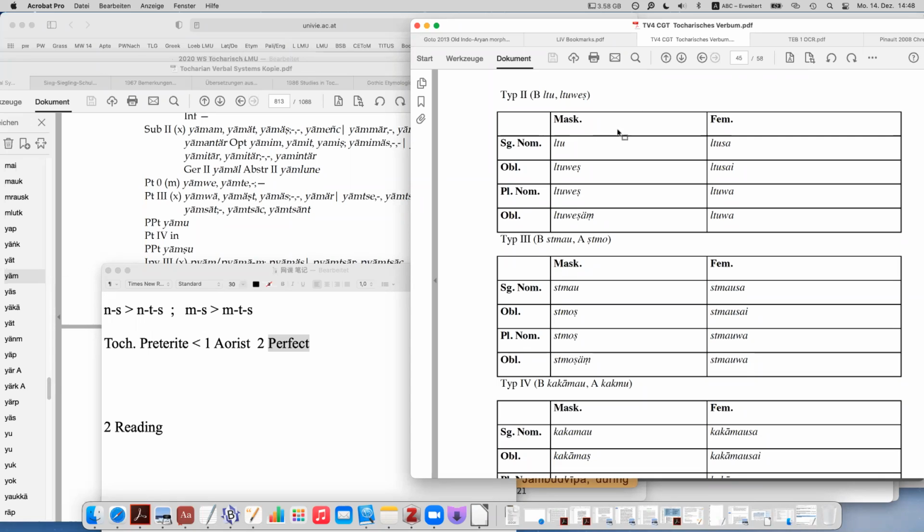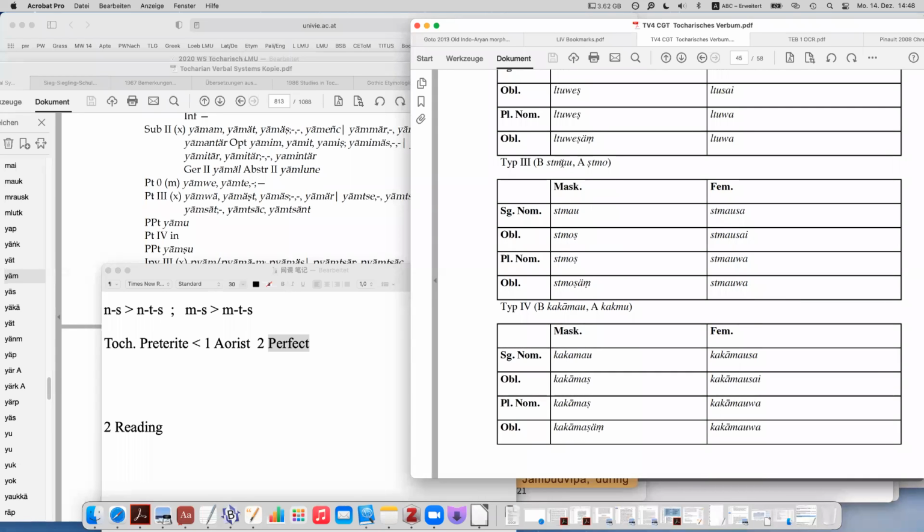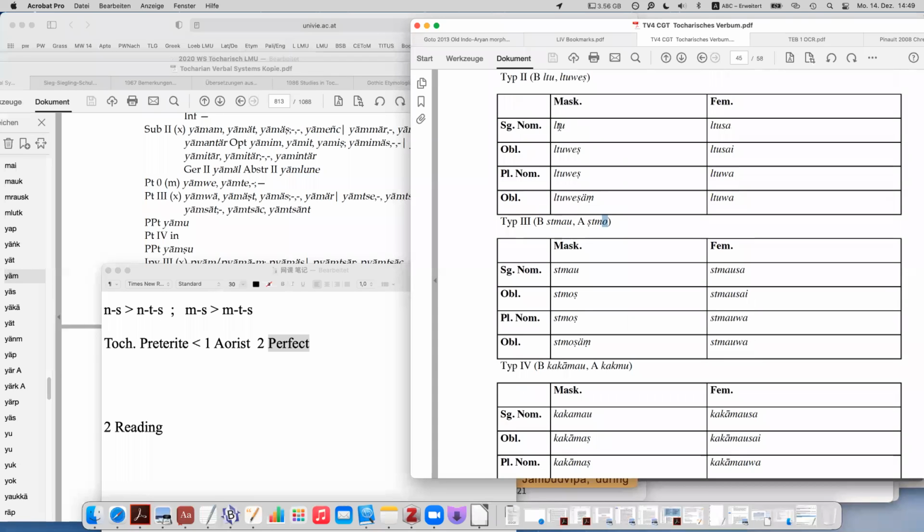So you have already seen the first two categories, and then the third category, you see it's not reduplicated, but the final vowel is ow, and in Tocharian A it's or. This actually goes back to the laryngeal at the end.